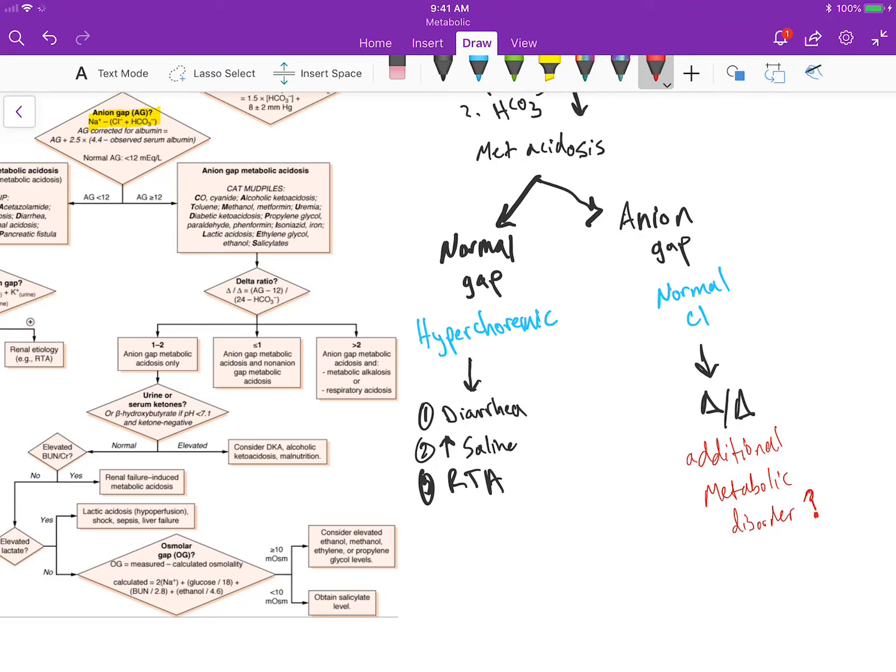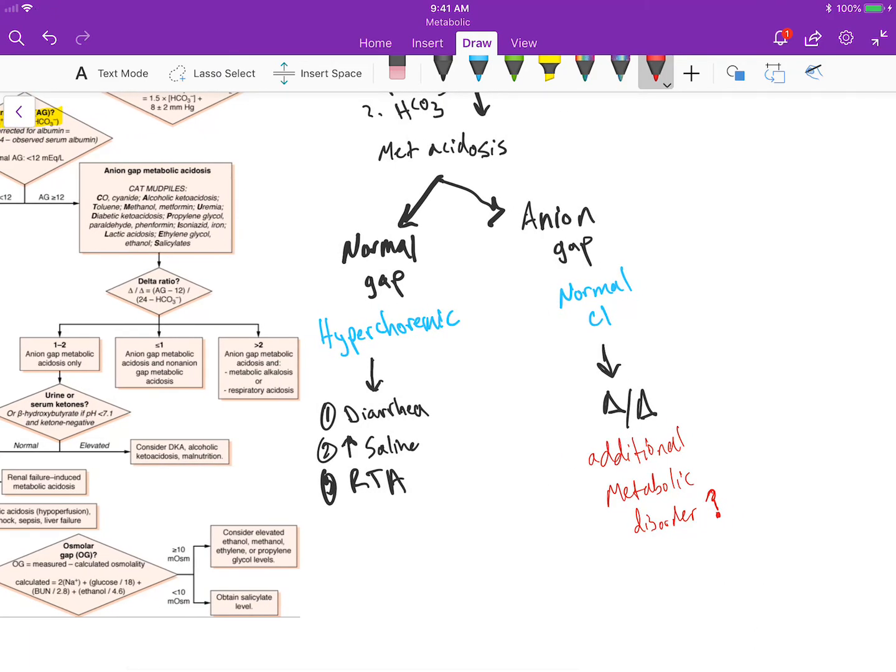Let's just say we calculated a gap of 22. That means a change from the normal anion gap of 10, which means that there should be a decrease in bicarb of 10, right? So you're increasing the anion gap and decreasing bicarb simultaneously. That's the principle behind the delta delta.